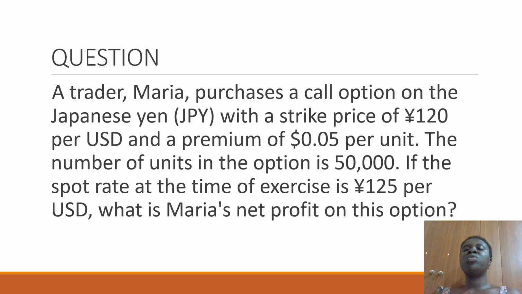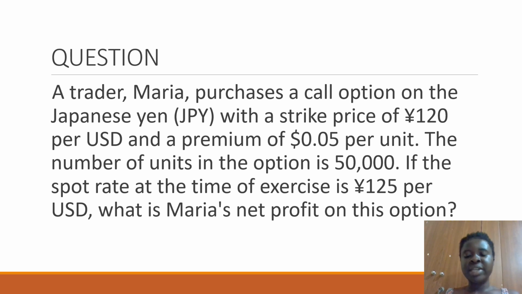The first formula, which I'll say briefly, is to determine the strike price. First of all, change the rate from yen to dollars. The person will be paying with dollars, that's the premium, so it means the strike price for the person will be in dollars. If $1 is equal to 120 yen, how much will 1 yen cost the person?